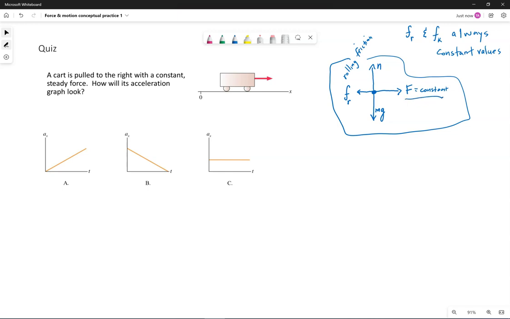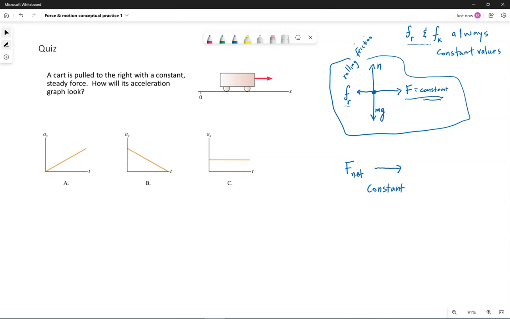This constant force to the right and a constant rolling friction will give us a net force on the cart that points to the right. Because this pulling force is constant and rolling friction and kinetic friction are always constant, given the object on a specific surface, this net force is constant.